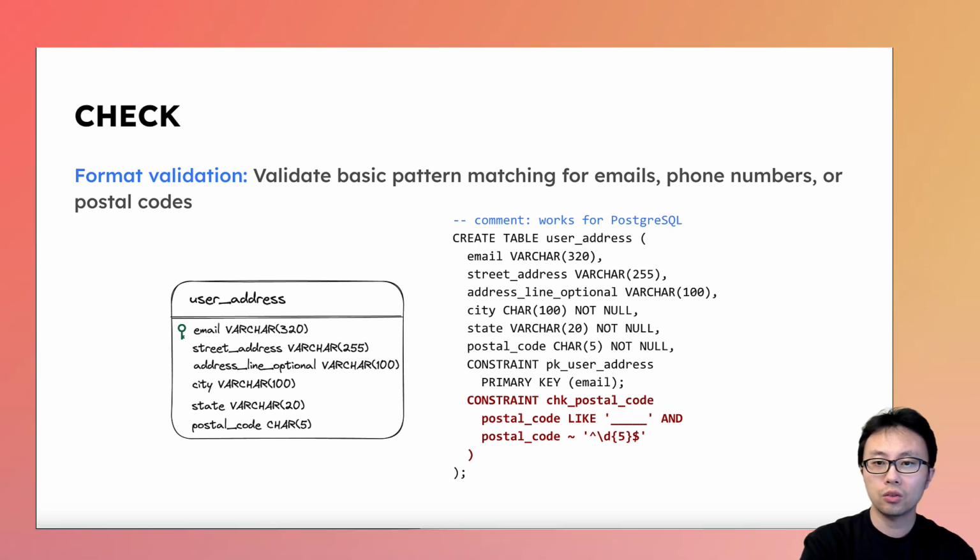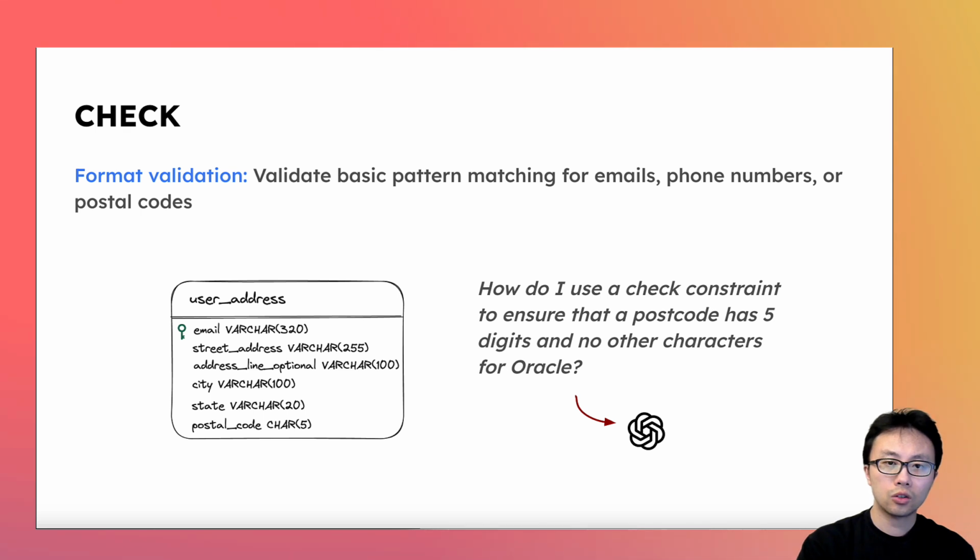Instead, I'm asking you to have some awareness that you can do basic format validation in SQL as well, but the syntax varies from one database system to another. It's actually where generative AIs can help quite a lot, as long as your question is explicit about which database system you are dealing with. That's everything about using check constraints for format validation.